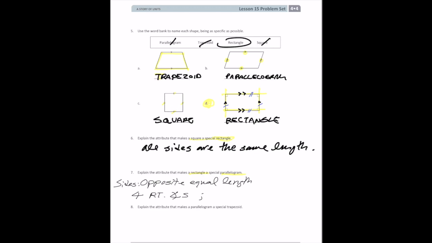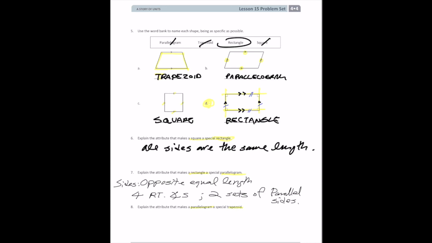And the most important part, 2 sets of parallel sides.